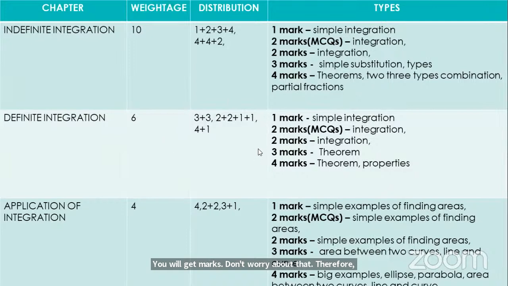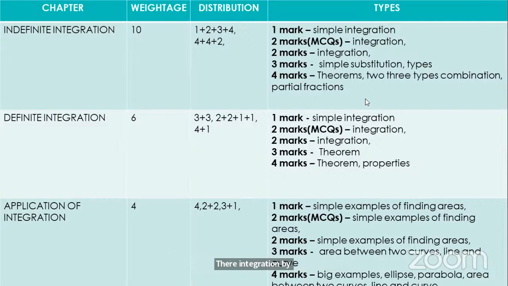And after that, it is definite integration. Again, all the types are the same. But here in definite integration, normally there are 7 properties, and the integration by parts theorem is there.